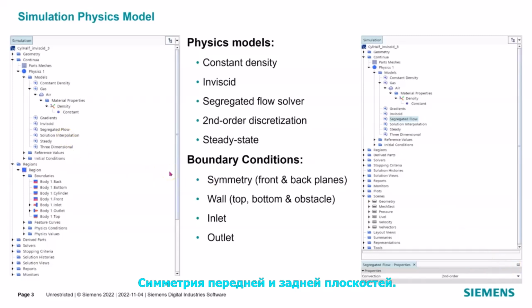Symmetry for front and back planes. You can see here the names of boundaries as given in the CAD tool during creation of the CAD model of the solution domain. Wall condition for the top boundary, bottom boundary, and semi-cylindrical obstacle. And then inlet at the left boundary and outlet condition at the outlet boundary.